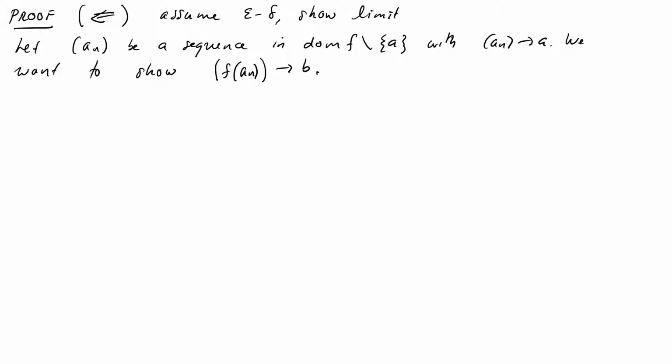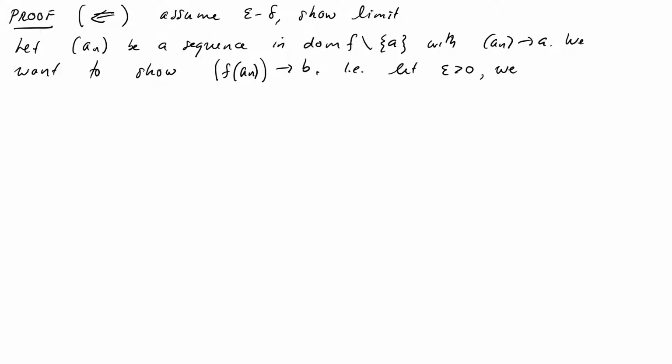Just make sure you're happy with that. So we've got a sequence in our domain. This is the type of sequence we have that converges to a. And we need to show that the limit of its function values converges to b. That is, we're back to doing a standard sequence convergence problem. So let epsilon be greater than 0.